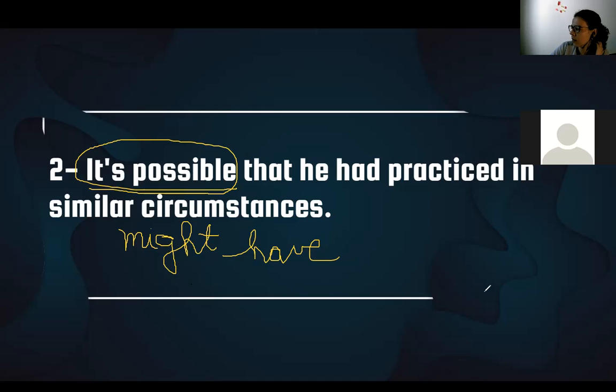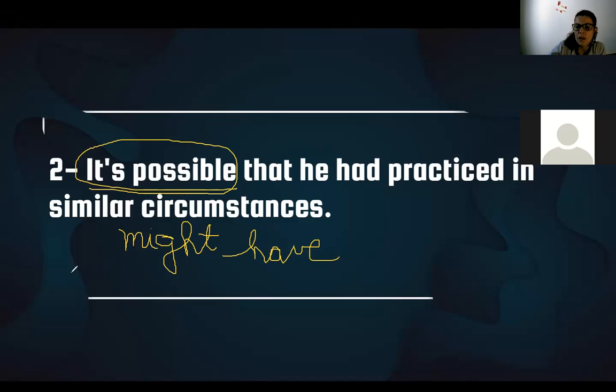Mateus, Maria, how do you think it's this sentence? It might have that he had practiced in similar circumstances, like this. Kind of. See, Mateus, you can use any modal for possibility, may, or might, or could.